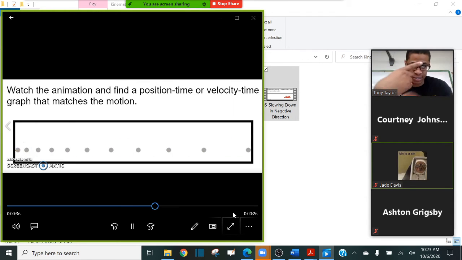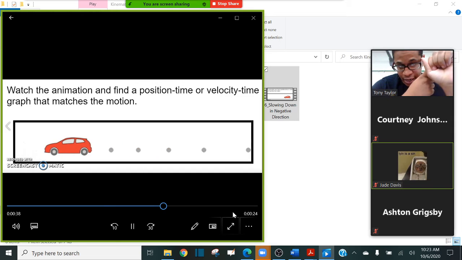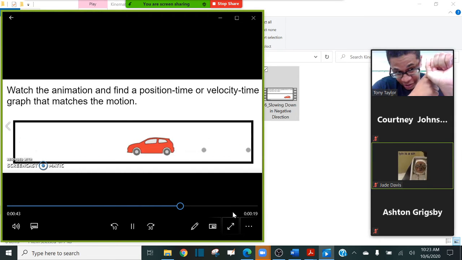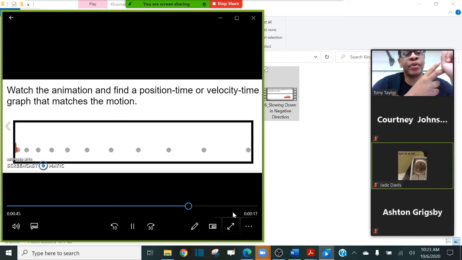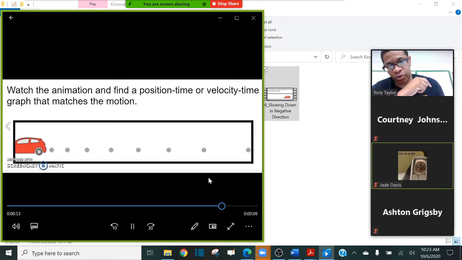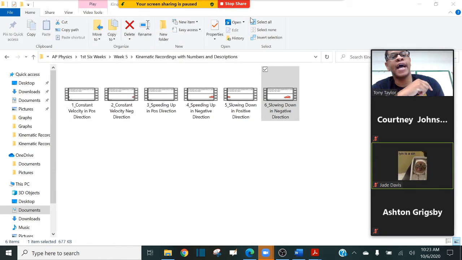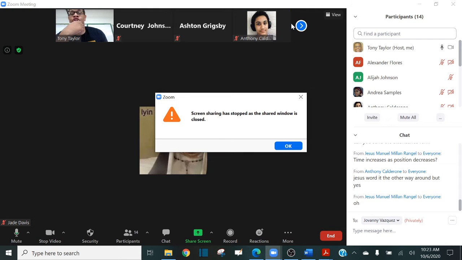I should notice, one, a graph or a trend line that is going downhill, and two, a trend that is getting flatter with time. Because downhill on a position versus time graph indicates an object is moving in the negative direction, and getting flatter with time indicates an object that is slowing down.